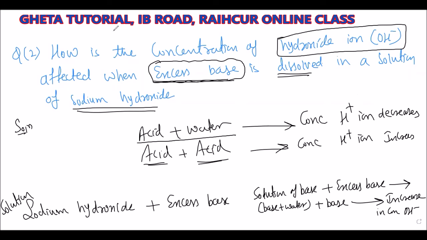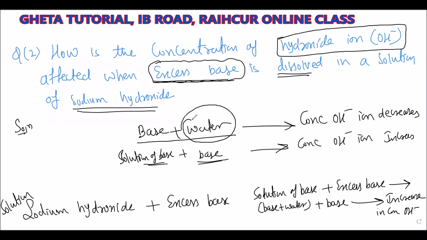Similarly, what will happen in the case of base? Here you have base plus water, and here also we have a solution of base plus base. The same thing will happen here; only in place of H plus ion, you have to write OH minus ion. Whenever water is added, this OH minus ion decreases.